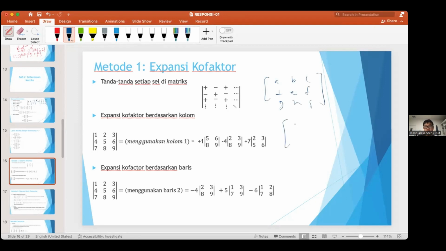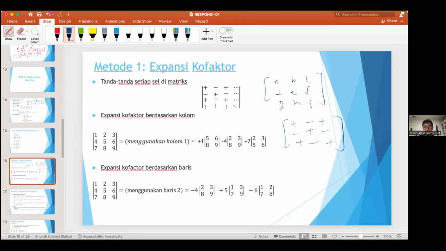The first thing that you do is assign a plus and minus. They should interchange. What is this for? It is to be used for cofactor expansion.